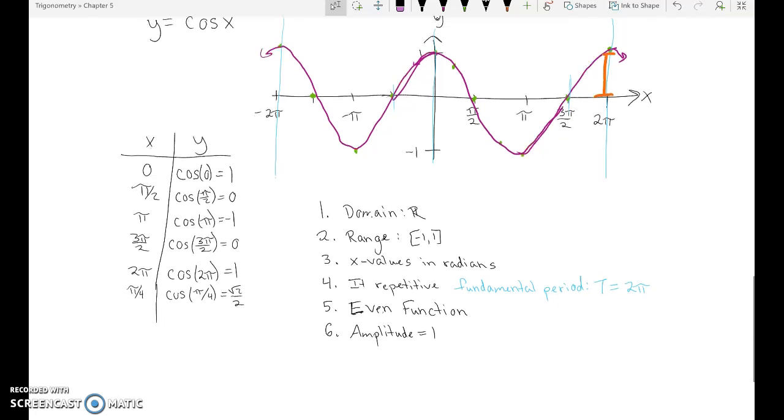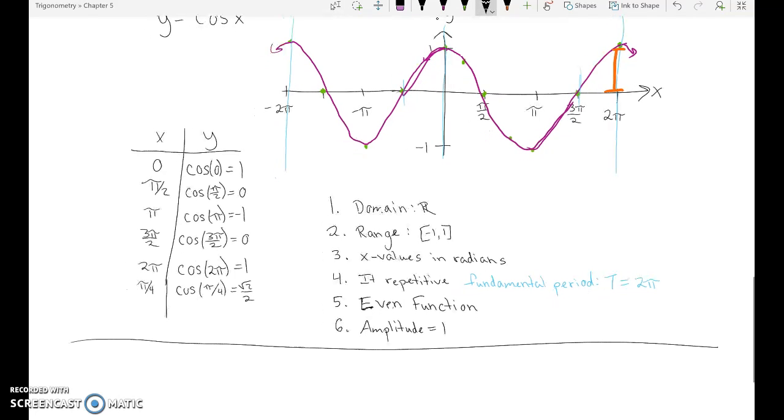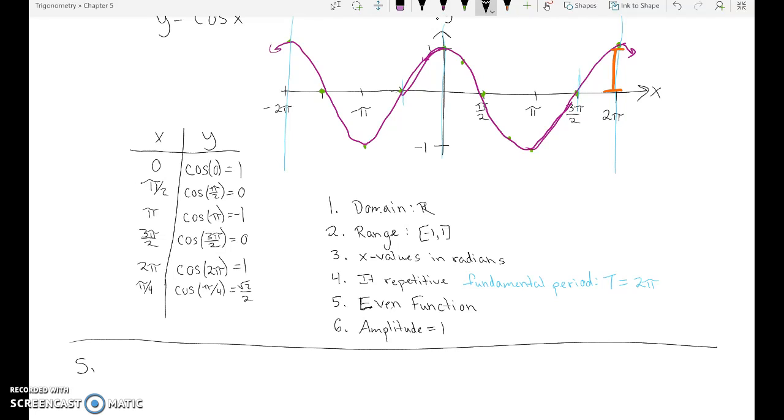Any graph that has this similar look is what we call a sinusoidal graph, or a sinusoidal function in general. A sinusoidal function just means that it resembles a sine graph.